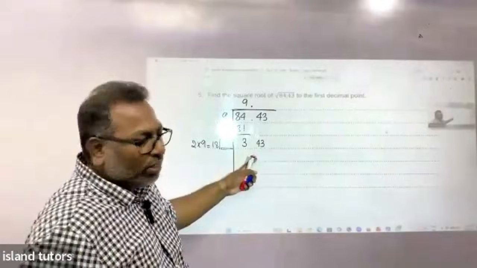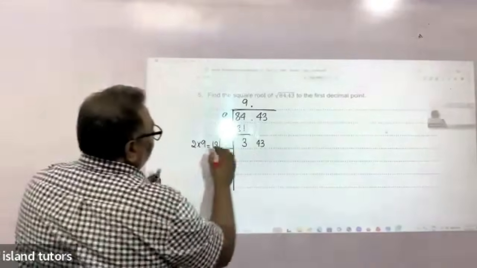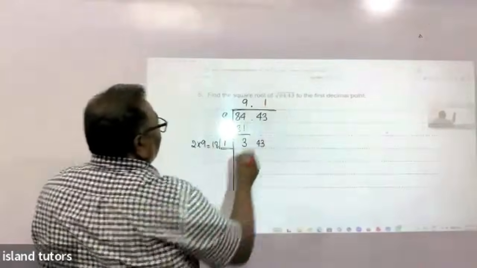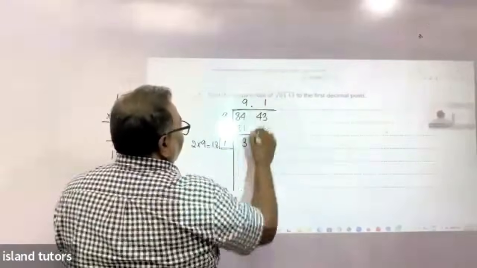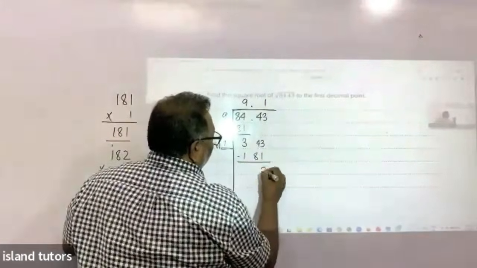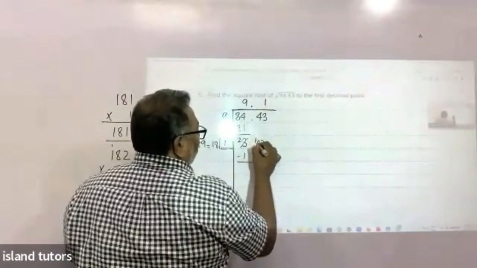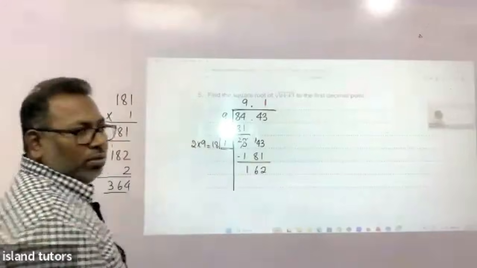I only have 343. So this is the only option: I'm going to put 1 here and a 1 here. So 181 into 1 is 181. Subtract: 14 minus 8 is 6, 2 minus 1 is 1.